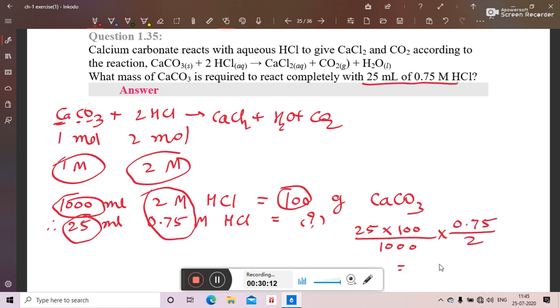When you solve this, our final answer will be 0.9375 gram calcium carbonate. This is the amount of calcium carbonate which will react with the given amount of HCl.